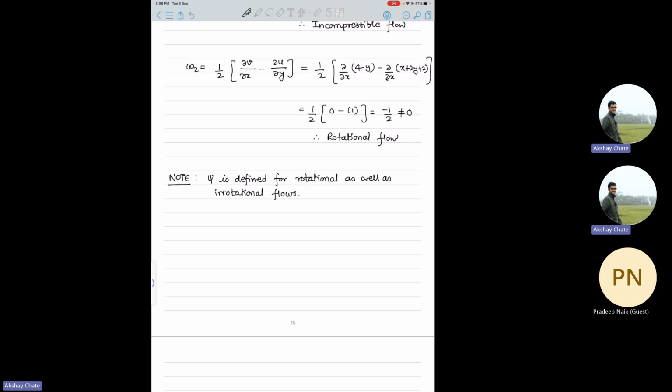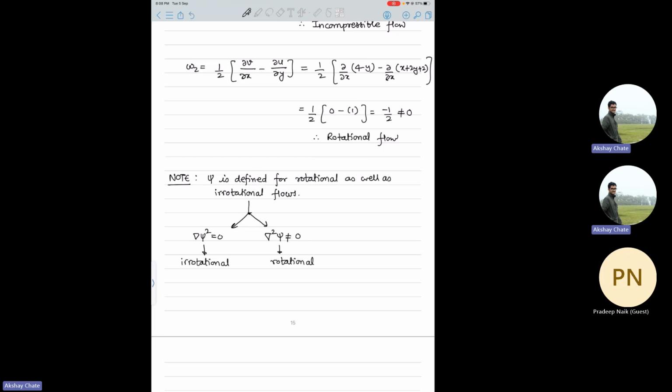Okay, and therefore there are two cases. If Laplace is 0, that means the flow should be irrotational, and if Laplace is not 0, that means the flow should be rotational.